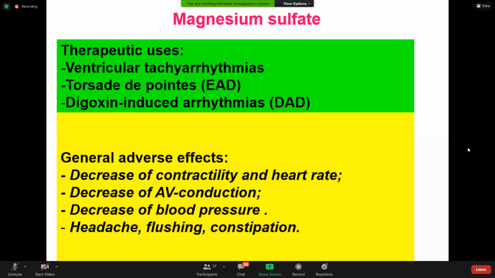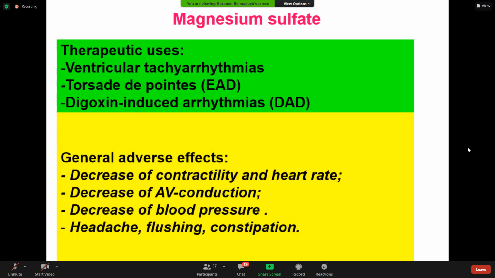Digoxin will be discussed later when we will speak about the treatment of heart failure, acute and chronic. So drugs which are used to treat heart failure can cause by themselves special types of arrhythmia, extrasystole.